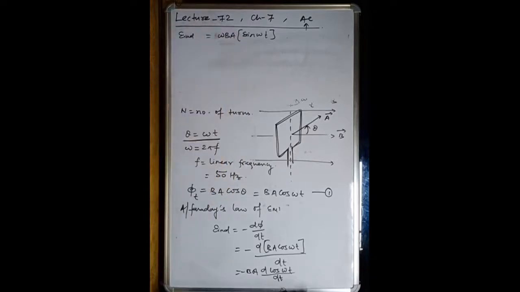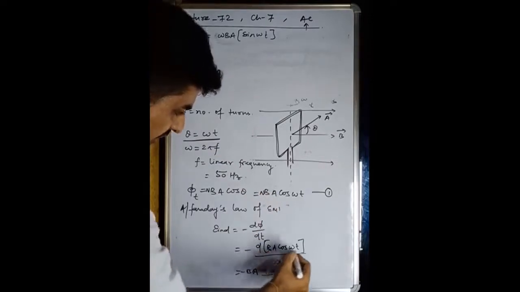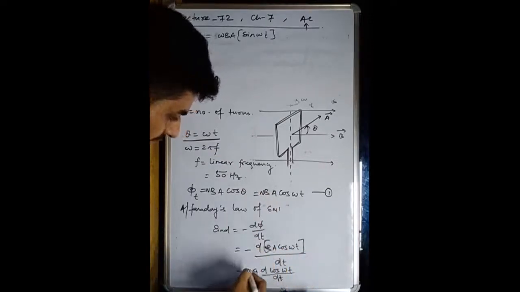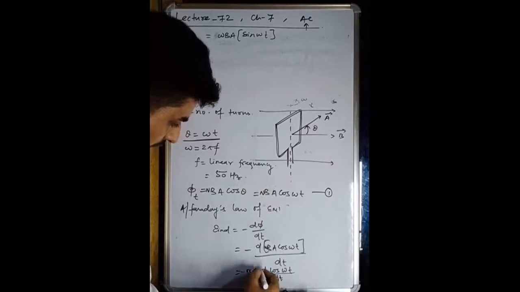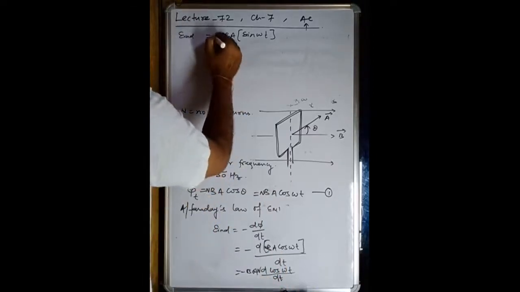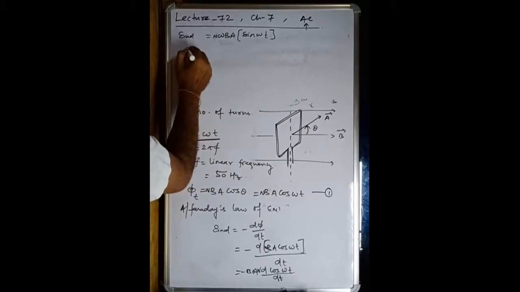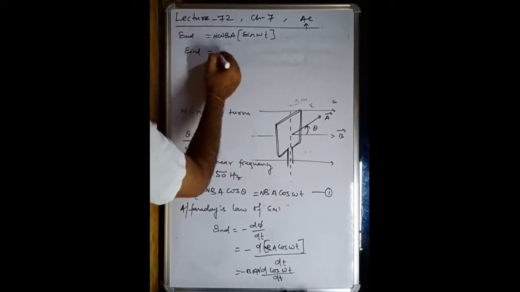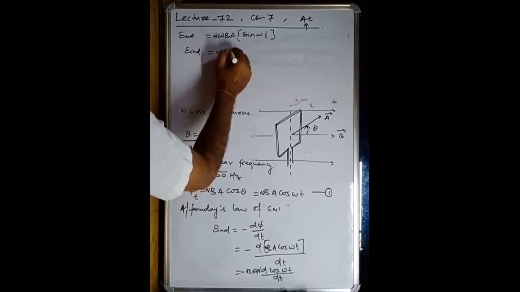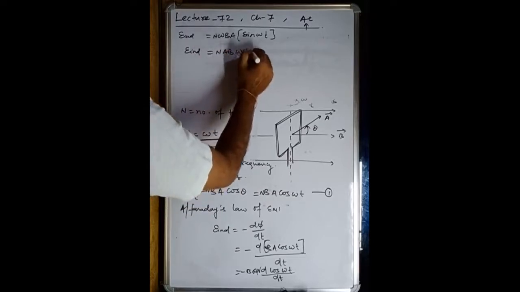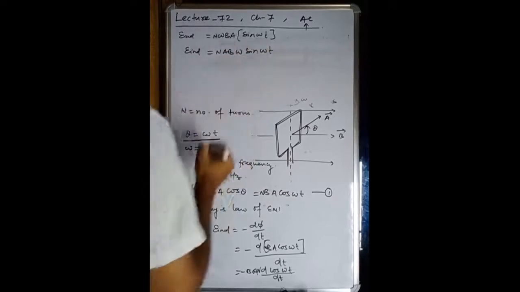Now, if there are n number of terms, then the flux can be written as n times. So you can multiply all the quantities with n. Here n will be out, it is constant. So this E induced is nothing but n A B omega sine omega t.